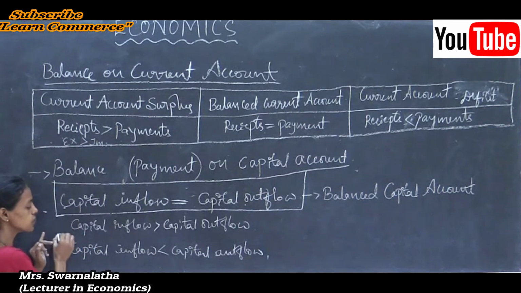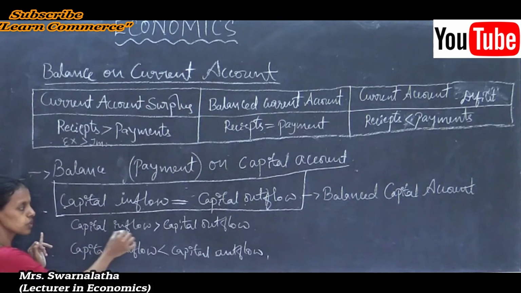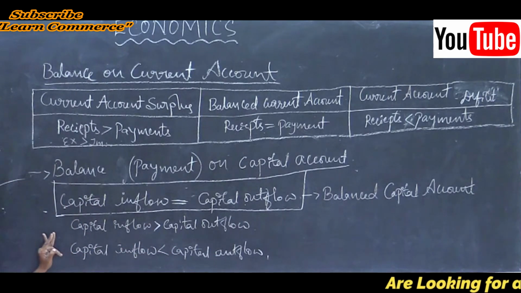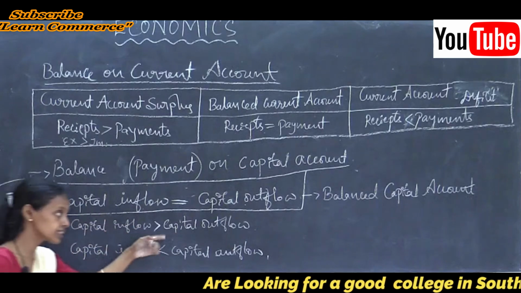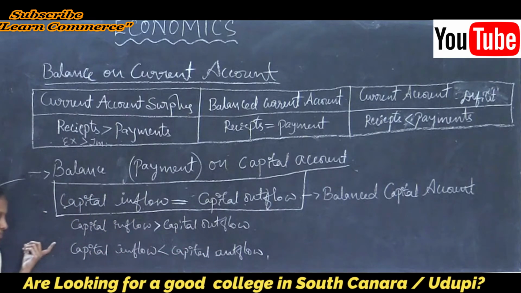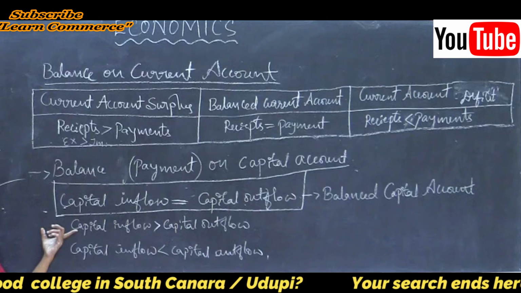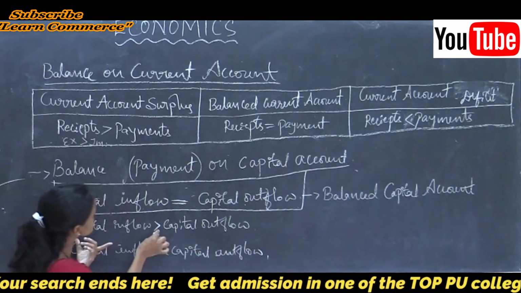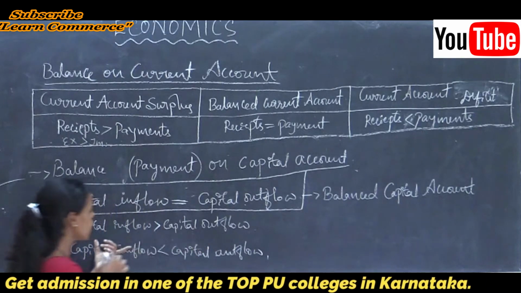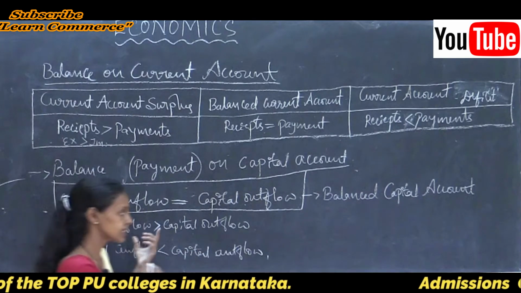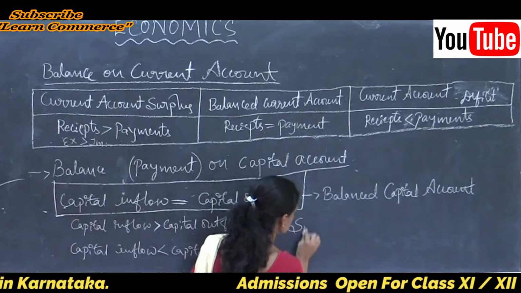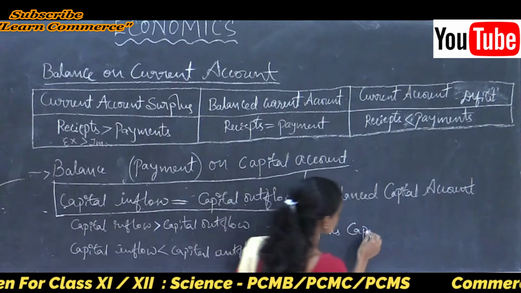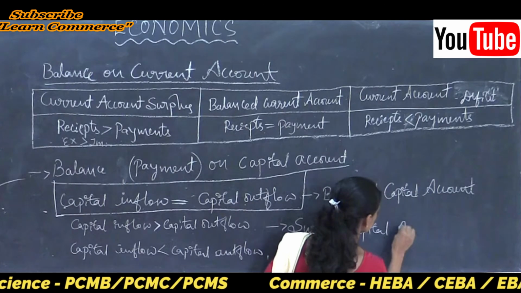Next one, suppose the capital inflow is greater than capital outflow. Inflow is more than the outflow. What happens here? If the capital inflow is greater than capital outflow, that leads to a surplus balance in capital account.